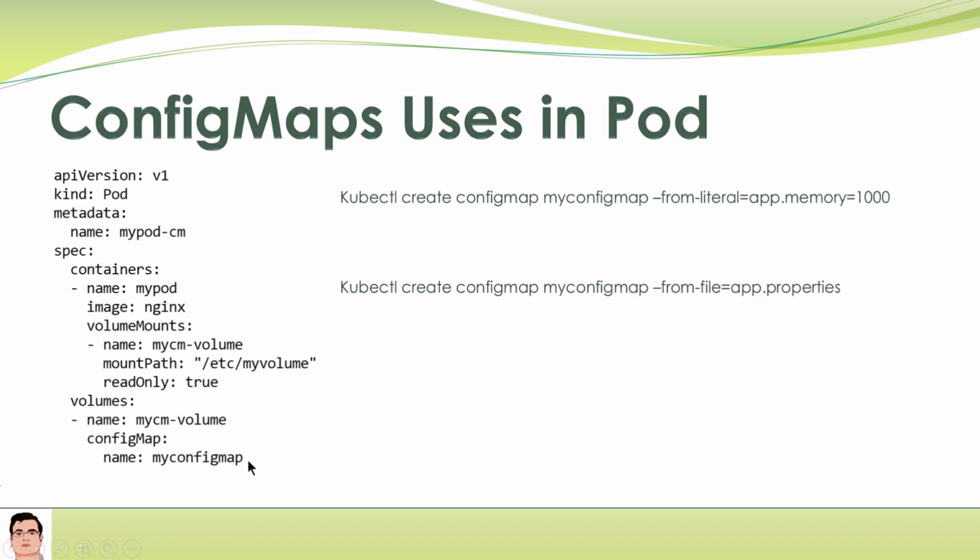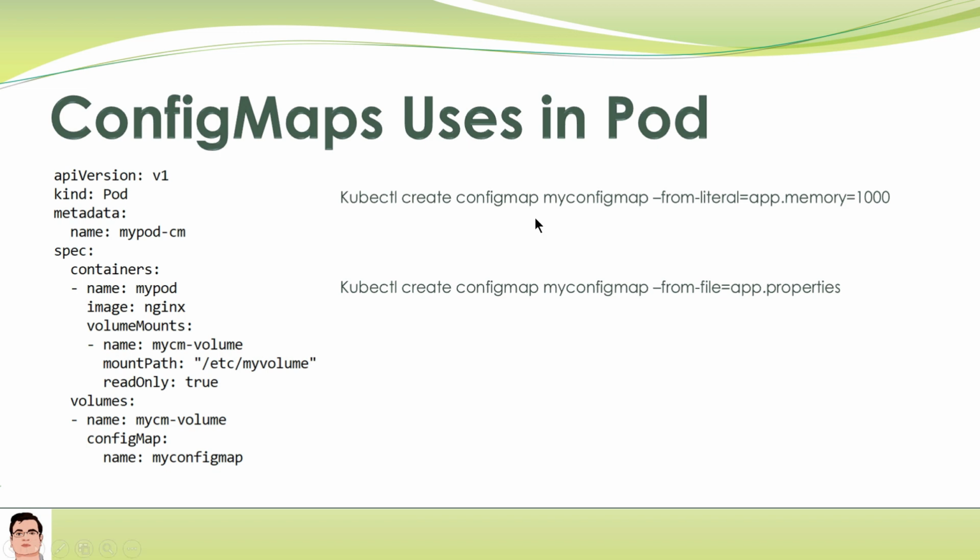This is a volume which utilizes the config maps, and it is going to be placed at a particular location. So in the hands-on, we are going to clear all these things, how we will create a pod and how to utilize that particular config map that we already created.